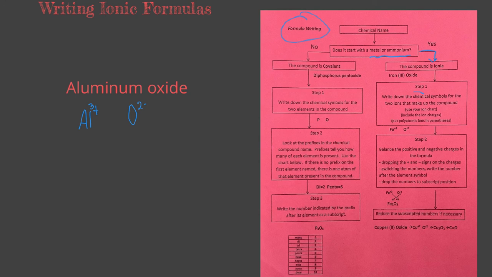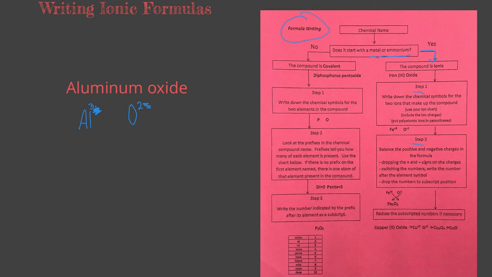Okay, then we need to balance, step 2 here, balance the positive and the negative charges in the formula. You drop the charges because charges are only given as a superscript, but to balance these charges out to make this into a compound that works, we need to get our charges to equal 0. They need to be neutral, 0. So we're going to drop that charge and drop that charge.